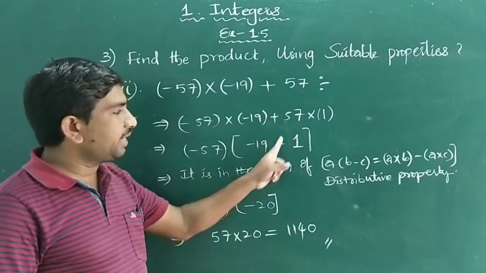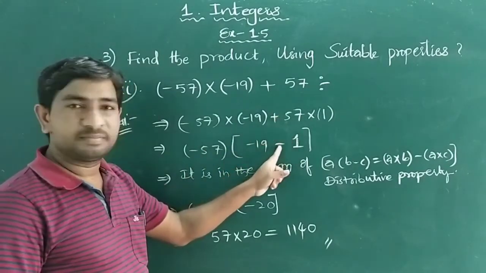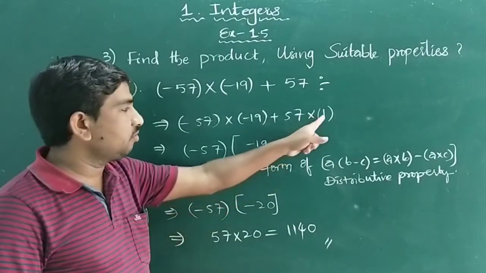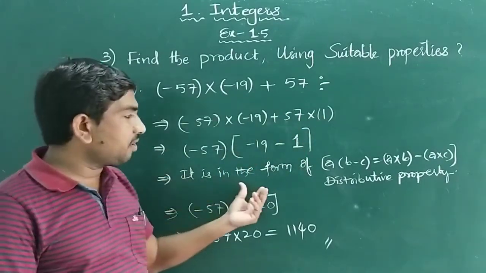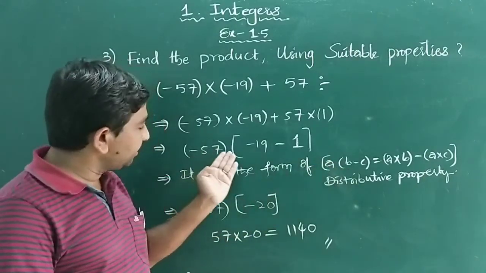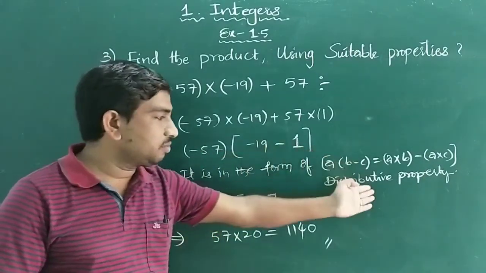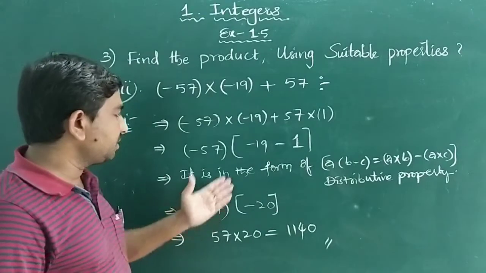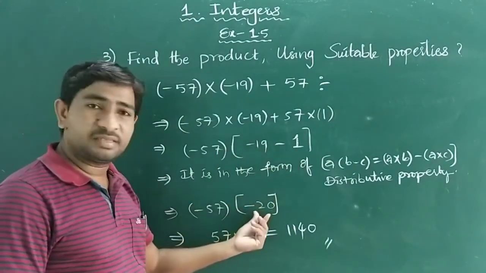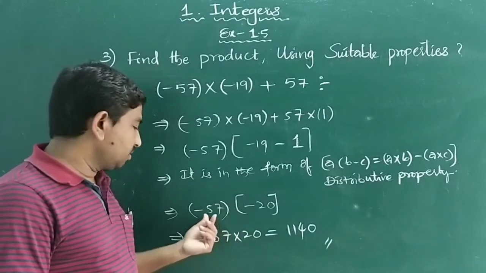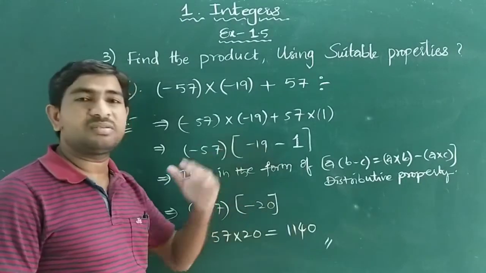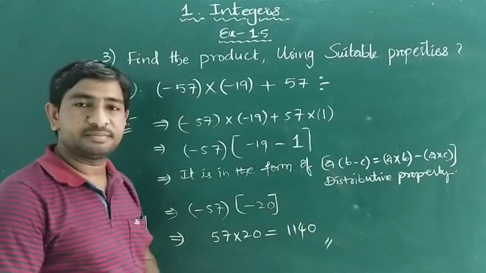Here minus into minus is plus, so keep the minus symbol, only one is left. It is in the form of a into b minus c, so again the distributive property is involved. So minus 57 into minus 19 minus 1, how much? Minus 20. Minus 57 into minus 20, minus into minus is plus, so 57 into 20 is equal to 1140. That is the answer.